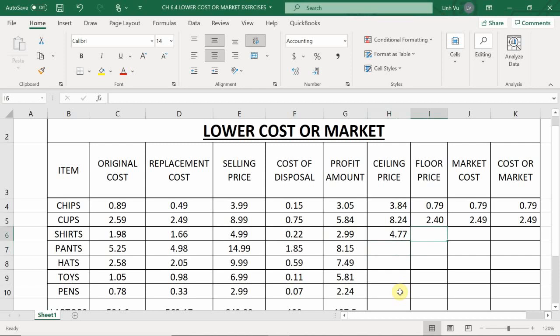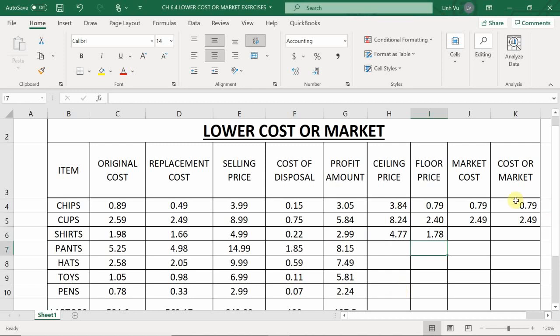What is going to be my floor? $1.78. Good.